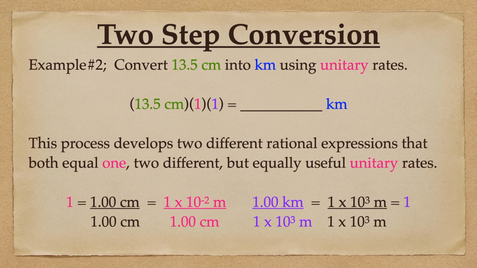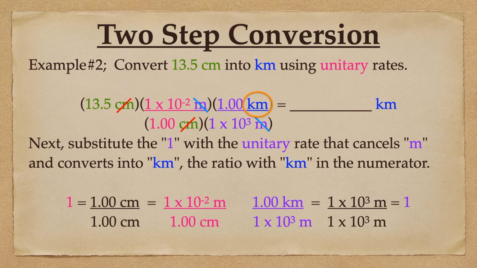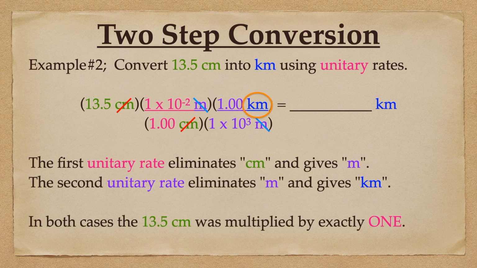unitary rates can now be substituted into our original equation, first converting centimeters to meters with our first unitary rate, and then converting from meters into kilometers using our second unitary rate. Note that centimeters cancels, meters cancels, and the only unit left is the unit kilometers, which was, of course, our ultimate goal.